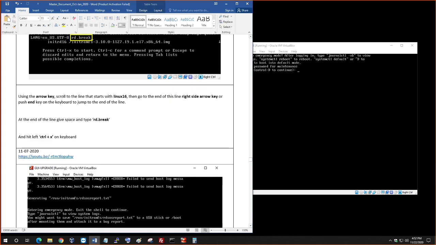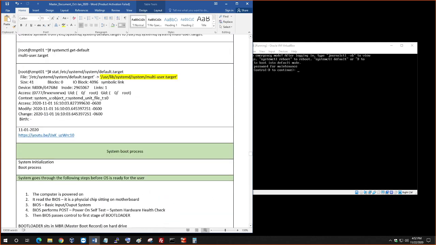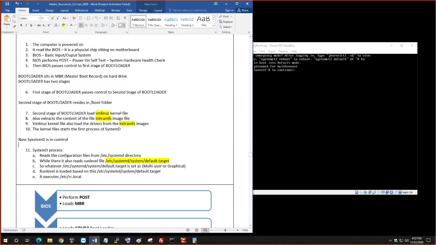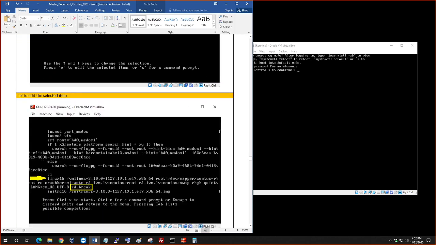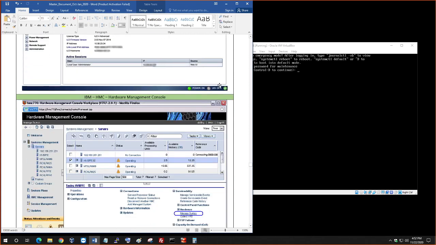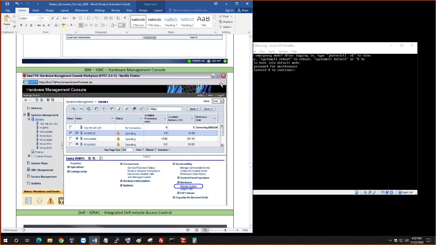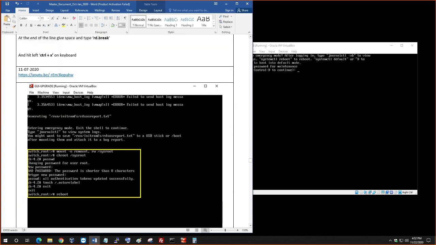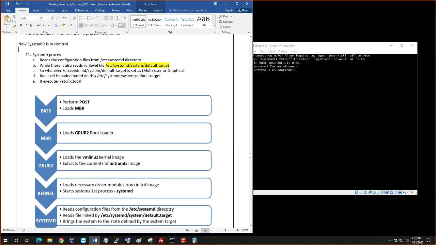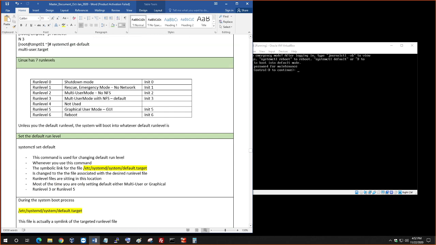I think I showed you each boot process here. Okay, no, I think it's coming up here. Okay, it goes into run level 1.